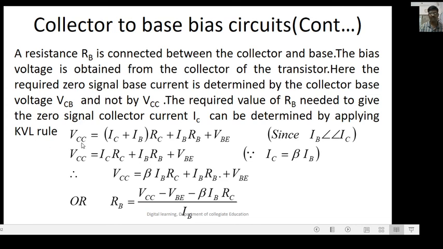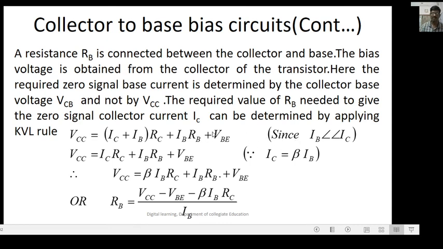So VCC is the supply voltage, and it equals (IC plus IB) into RC, the combined current flowing through RC, plus IB into RB, the base current, plus VBE.